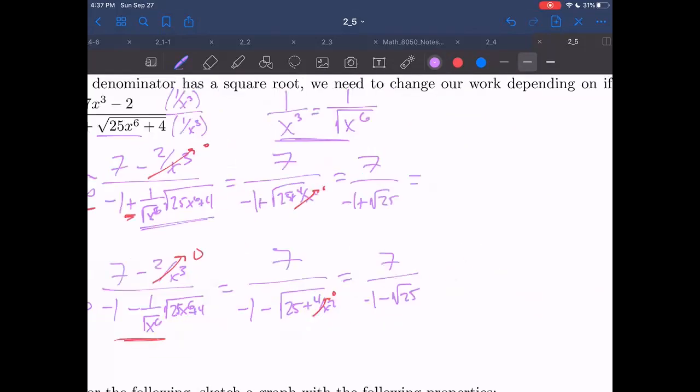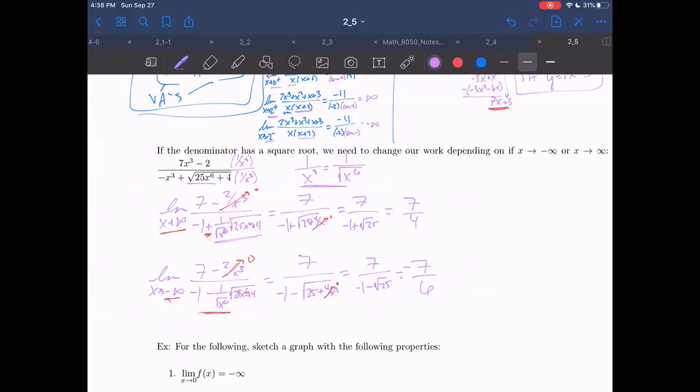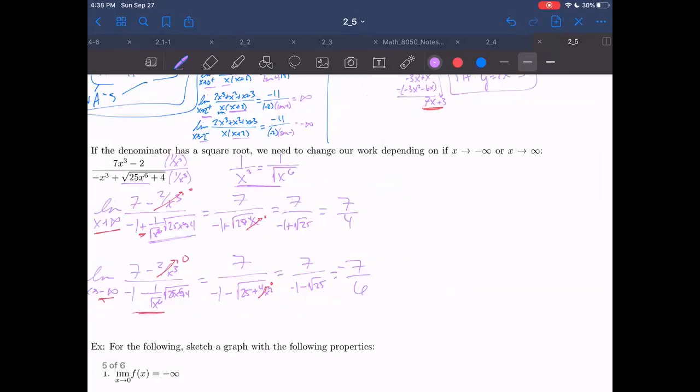Root 25 is just 5, so we get 7 divided by 4 and -7 divided by 6. So in this case, we have horizontal asymptotes at y equals 7/4 and y equals -7/6. So we can have 2.